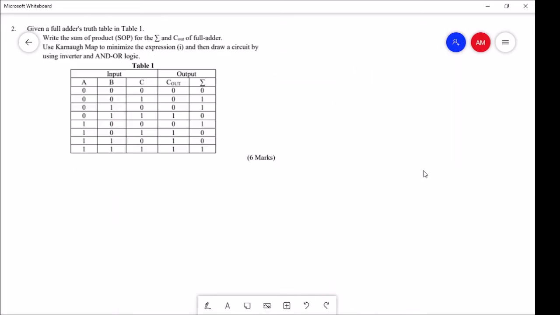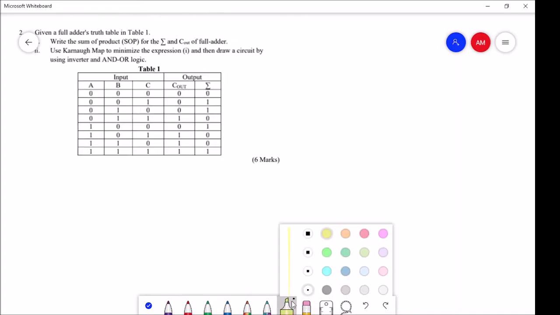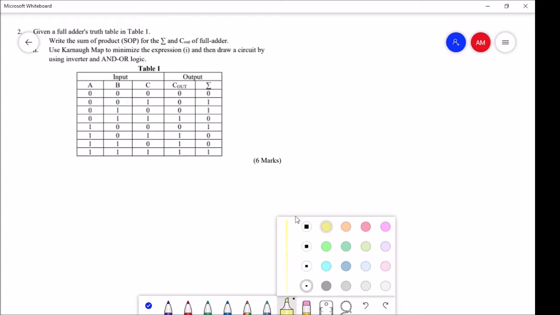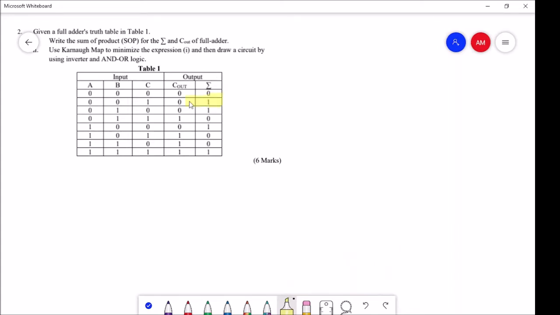Okay, soalan 2 dia nak sum of product for the sum and C out. Yang pertama kita highlight dulu lah. Okay, kita highlight dulu yang mana yang ada high output value.